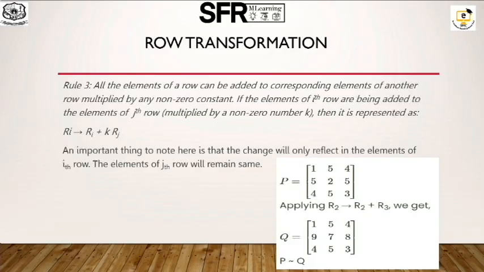Then the third row there is no change, so we can keep it as 4, 5, 3. So, we have obtained the matrix Q equal to first row 1, 5, 4, then second row 9, 7, 8, then the third row 4, 5, 3.